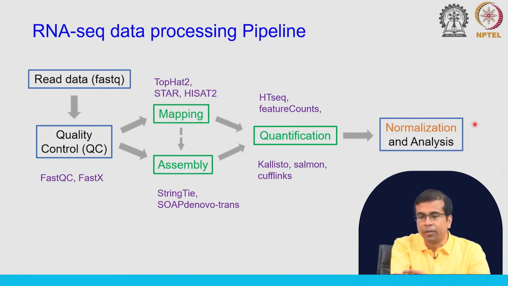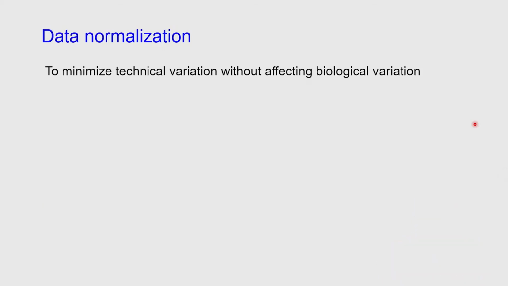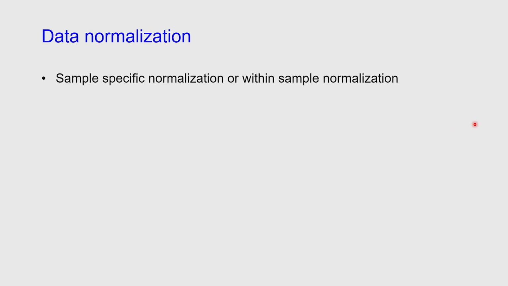For data normalization, the goal is to minimize technical variation without affecting biological variation. We have to do something called sample-specific normalization, or within-sample normalization. We have talked about some of these bias correction methods. Then you also have between-sample normalization within a data set.